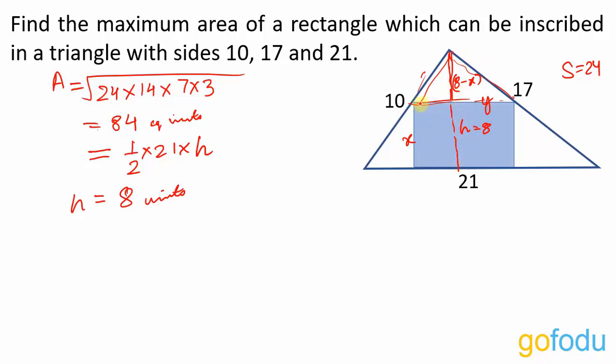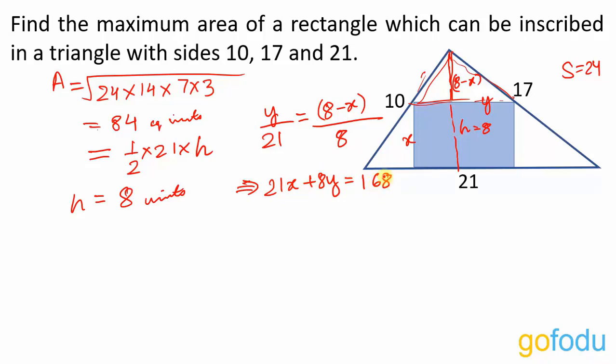So ratio of corresponding sides, this side is y, y upon this base is 21, this will be equal to ratio of corresponding altitudes, that is 8 minus x is the altitude of smaller triangle upon h, that is the altitude of bigger triangle. So from here we can get an equation, one equation in two variables, 21x plus 8y is equal to 168.